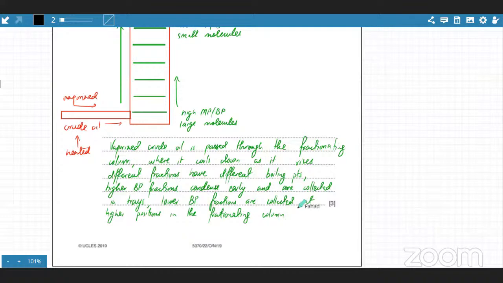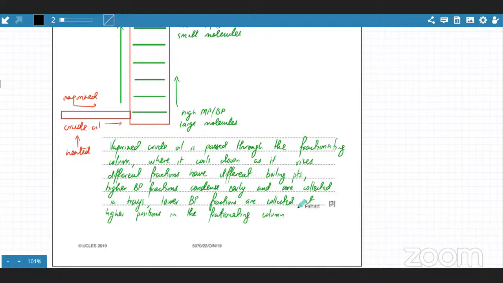Let me quickly open the marking scheme to figure out how the marks are distributed. Always remember to consult the marking scheme, especially when you are having trouble. Like in this question, I'm having trouble figuring out how the marks are distributed, because it was a very general question. The problem is always with general questions: when it's too descriptive, you're not very sure how the marks are going to be distributed.